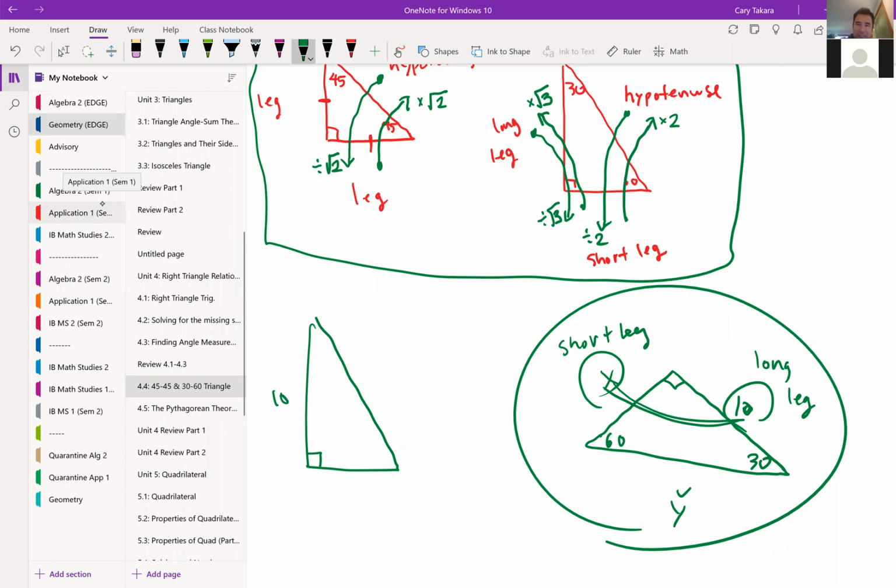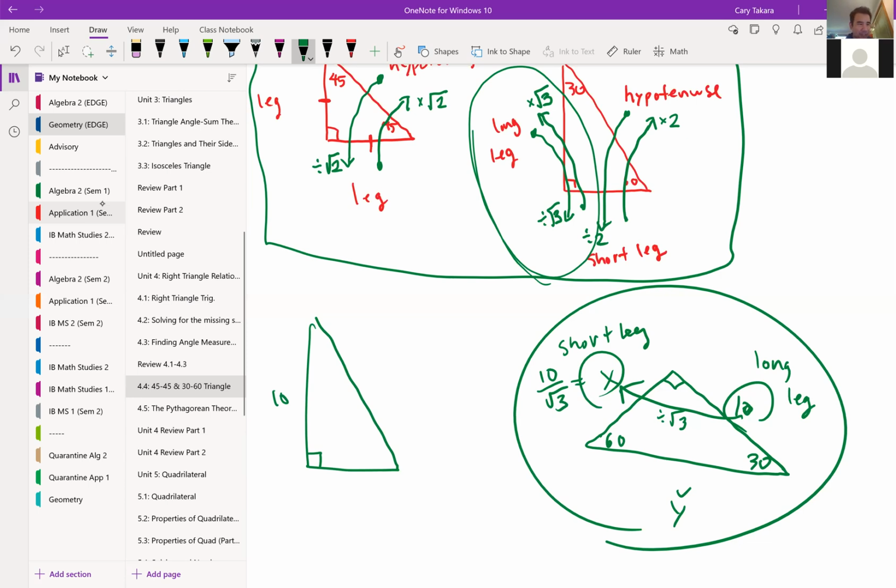So we're talking about this square root of 3 relationship. Now, how do you go from 10 to find X? Because you're going from long leg to short leg, we have to divide by square root of 3. So X is 10 divided by square root of 3, which is, let's take out a calculator.